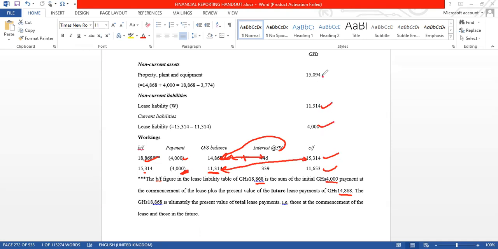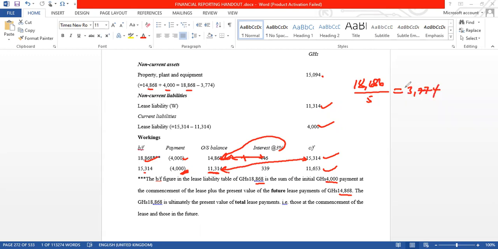When it comes to this component, you see that you have your 14 plus your 4, which gives you this. And you need to find your depreciation. Remember, it was a 5-year lease, so you have to go through and do 18,868 all over 5 years, and it's going to give you 3,774.